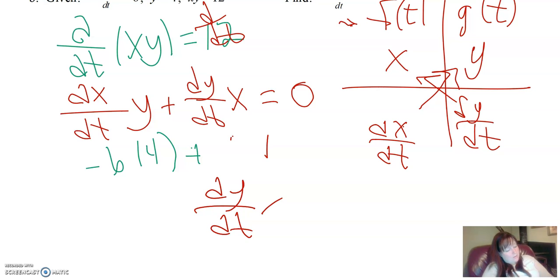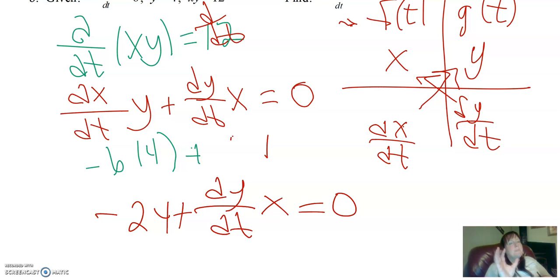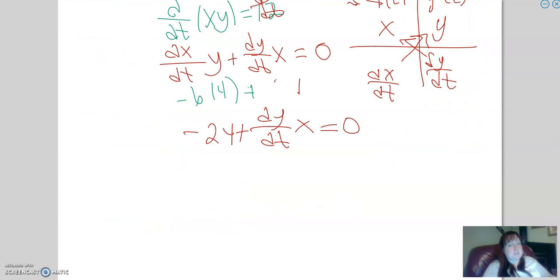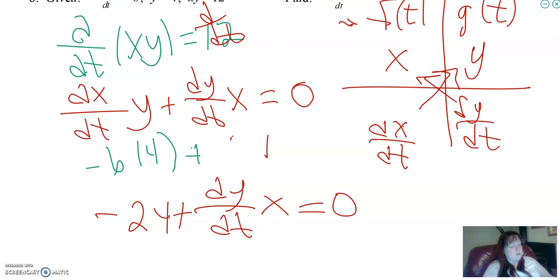So what are we going to do about that? We have negative 24 plus dy/dt times x equals 0, but we still have two unknown variables. Remember that step that says look for secondary relationships to reduce the number of variables.